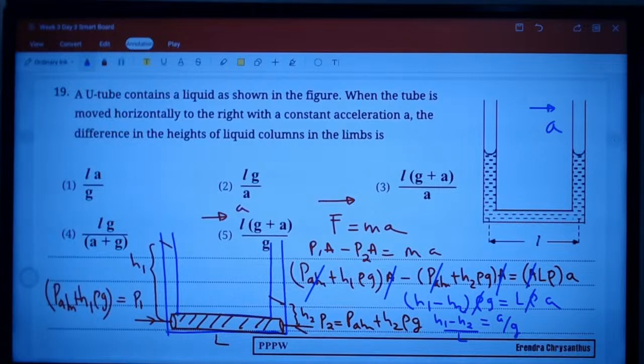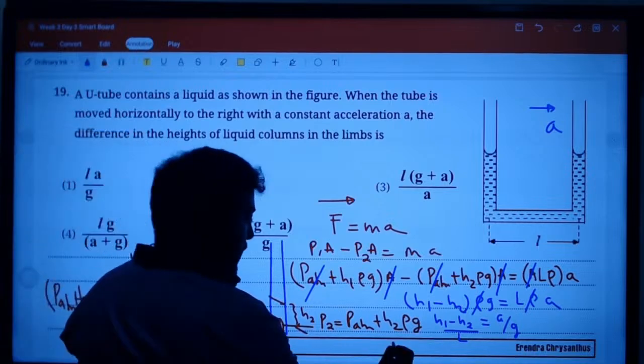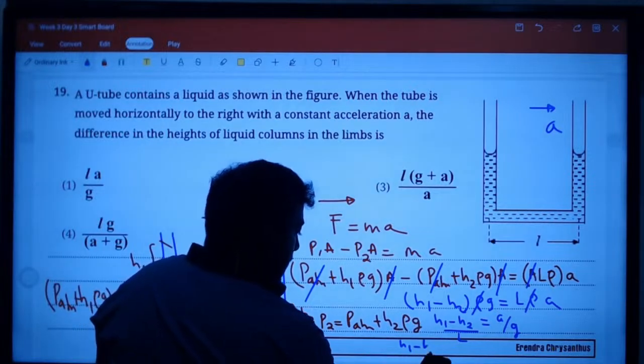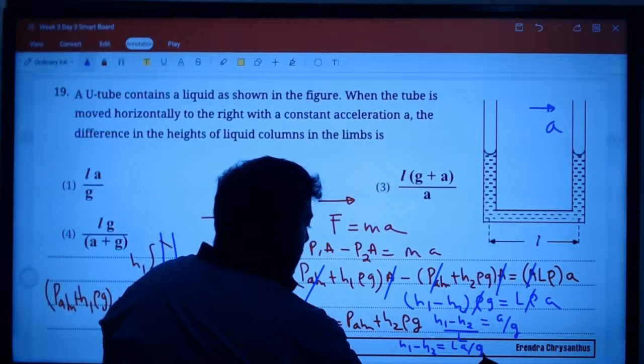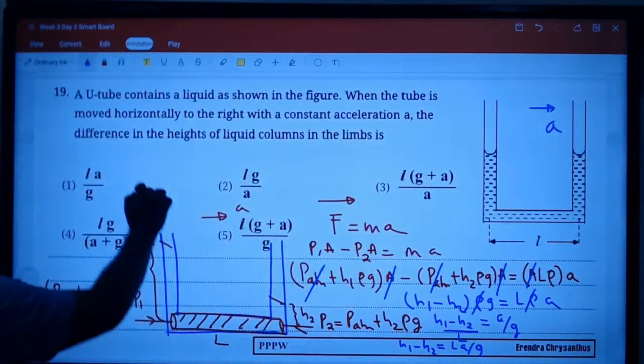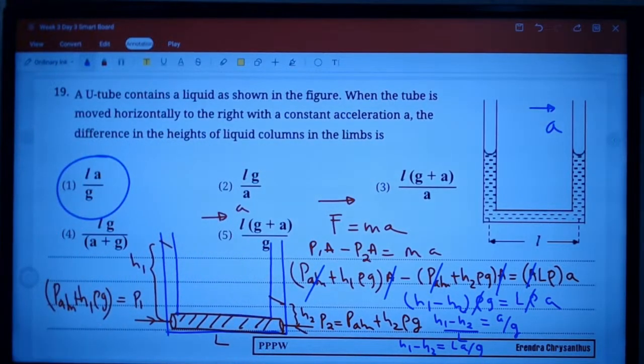They are saying what? The difference in the level. So write h1 minus h2 is LA divided by g. LA divided by g is answer number 1.